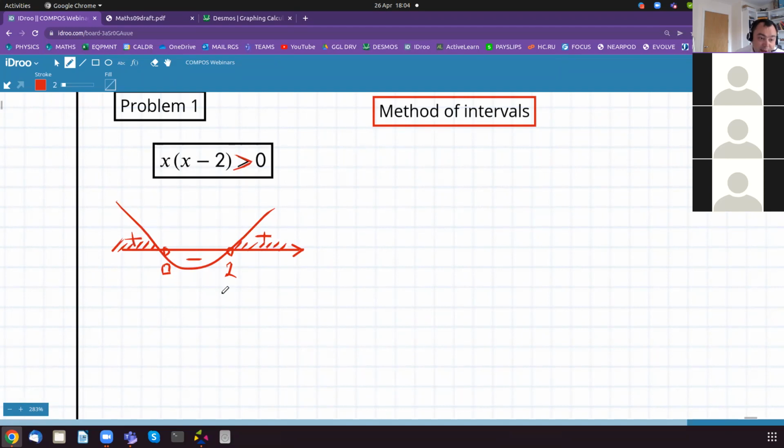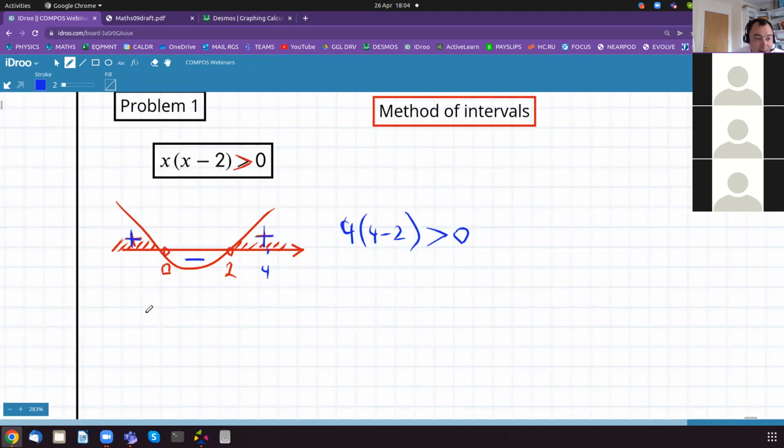Sometimes it is not clear what the parabola looks like. So to check the sign, you check any number from the interval. For example, from 2 to infinity, any number. So let's say 4. So 4 multiplied by 4 minus 2. I don't even need to solve it. I see it's positive, so here it's going to be positive. Any number between 0 and 2 will yield a negative answer, and any number less than 0 will yield a positive answer.